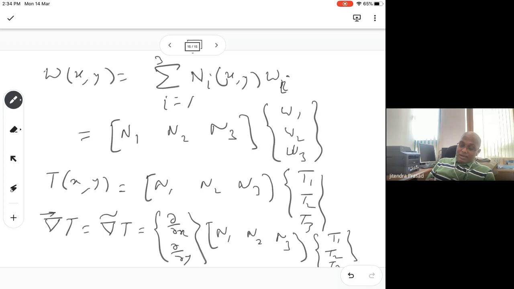Now, how do you multiply this? This is a 2 by 1, this is 1 by 3, so there will be a 2 by 3 matrix, right?